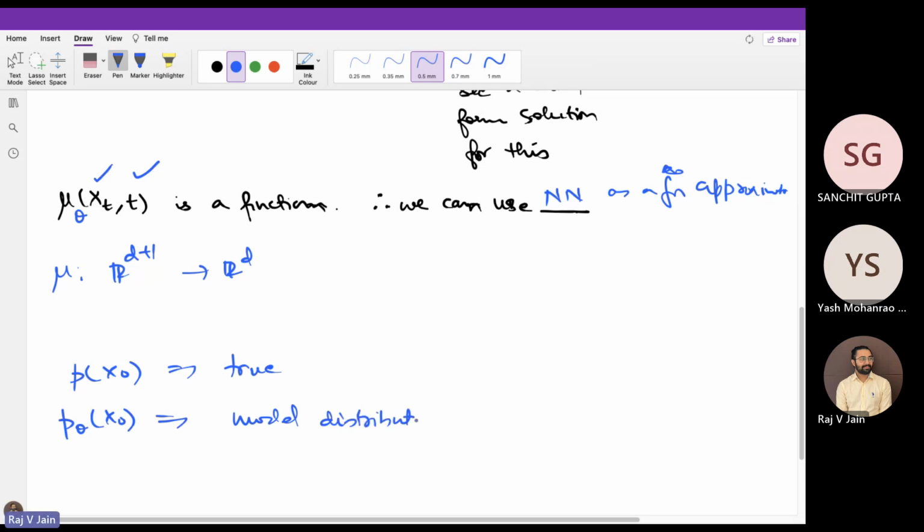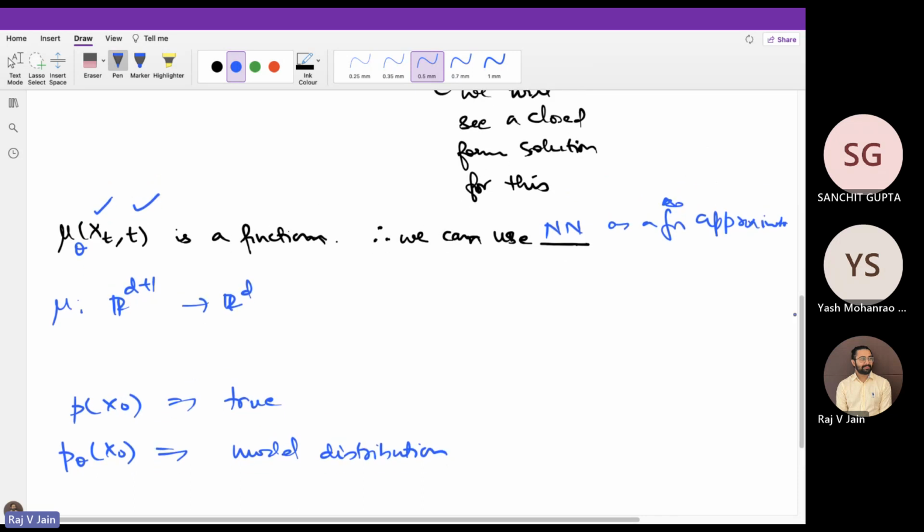Just one question there. Ultimately we want to generate that one particular image x naught. So why do we need to give it time as input, and say for this time input generate something, for the next time input generate something, rather than training one neural network with d-dimensional input and d-dimensional output? Because we did the maths and found it's a very simple solution which it should ideally be able to learn.